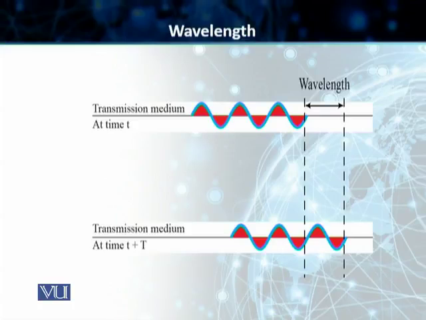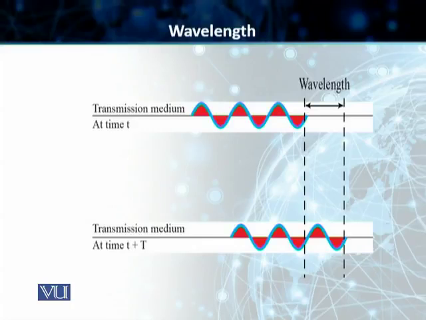So what has happened is that essentially the waveform in a particular transmission medium has traveled one period from time small t to time small t plus capital T, once again where the capital T is the period of this waveform.